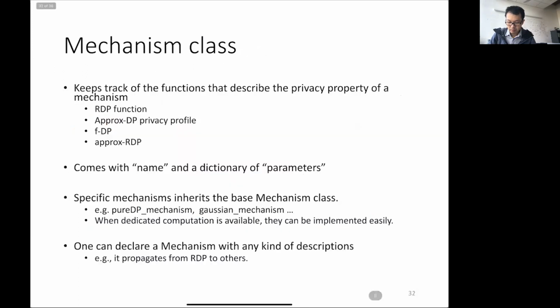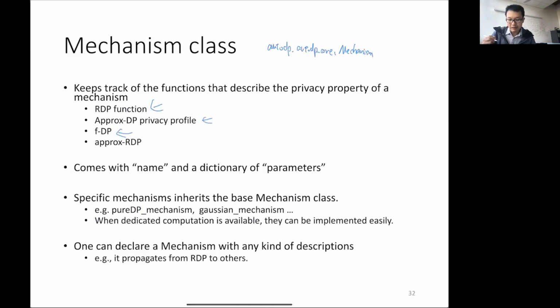Let me talk a little bit more about that. For the mechanism class in AutoDP, so this is AutoDP core, and mechanism. In the base class, it keeps various attributes that describe its privacy properties, such as the Rényi DP function, privacy profile, the FDP, and so on.